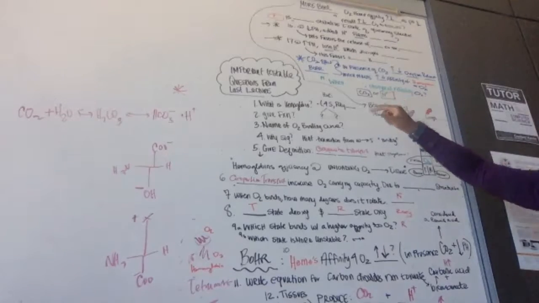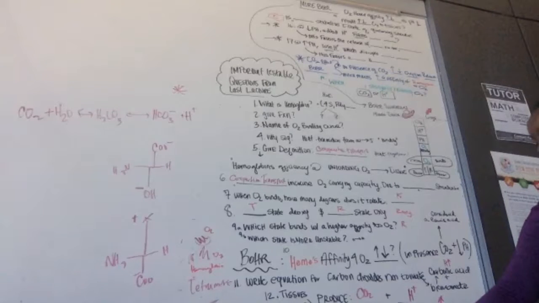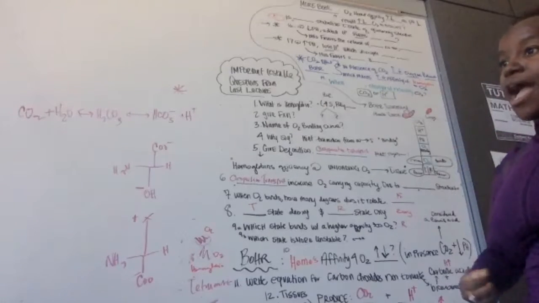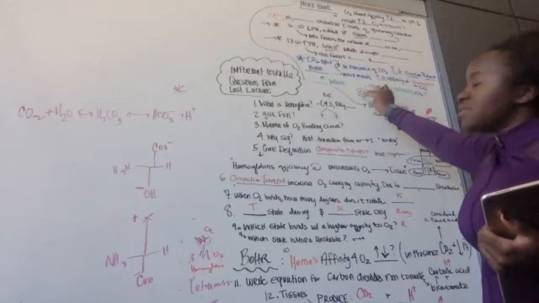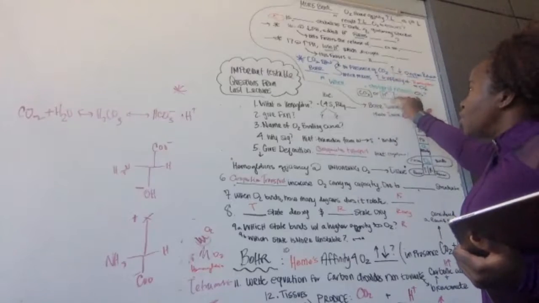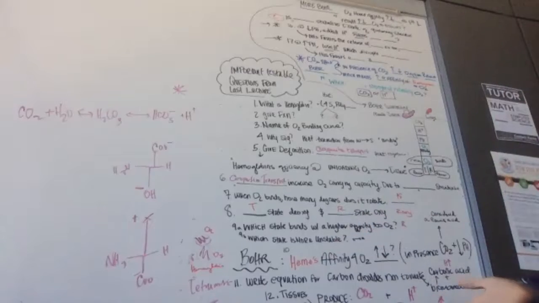Out of the chemical signals I'm giving you, which one is stronger at releasing O2? In the presence of CO2 or in the presence of H, which one is better at causing O2 to be released into the tissue?